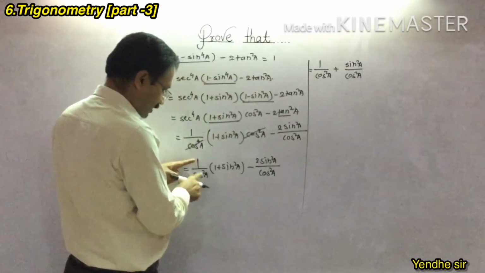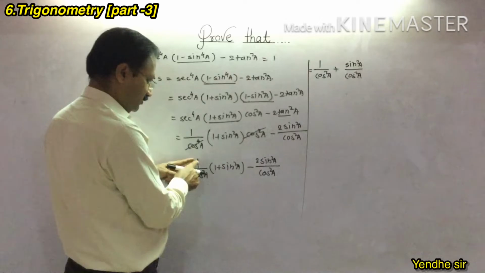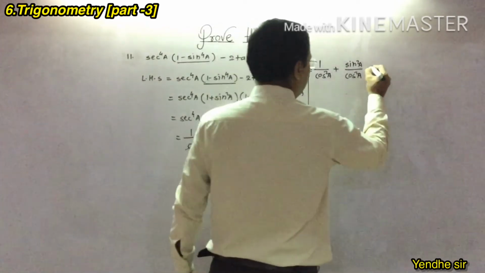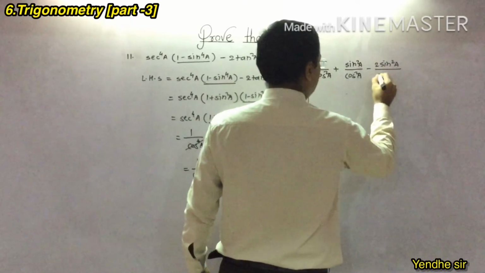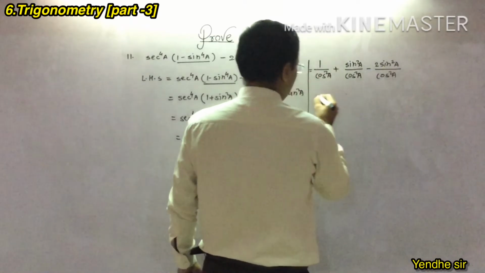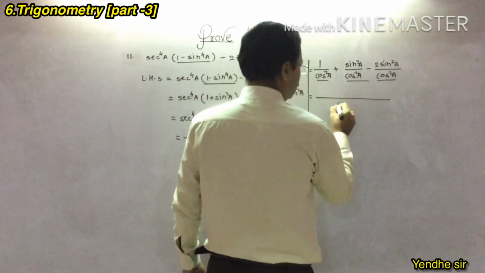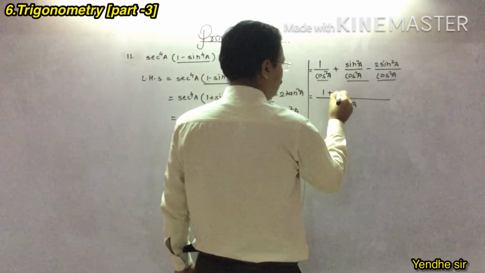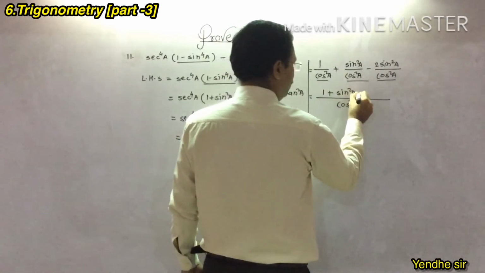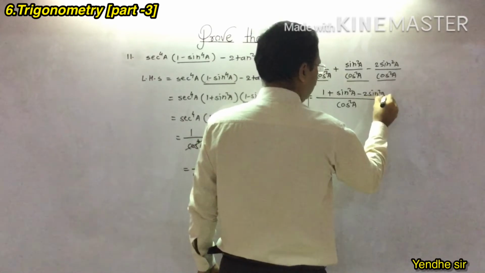If you multiply by 1 upon cos square a to sin a, then sin square a into 1, sin square a upon cos square a, and minus 2 sin square a upon cos square a. Now see the denominator, it is same. So I am going to write it as it is. And 1 plus sin square a minus 2 sin square a.